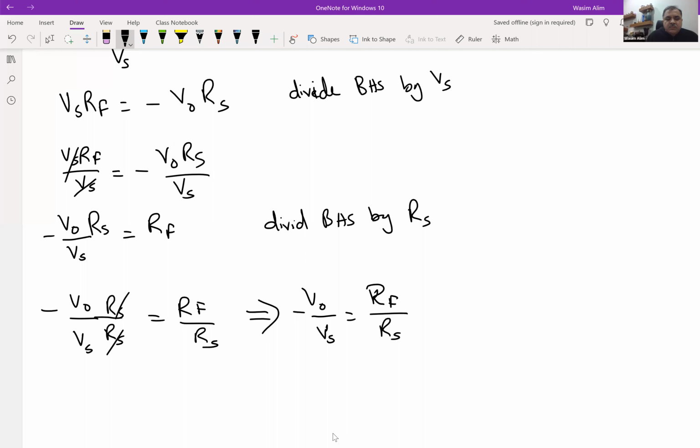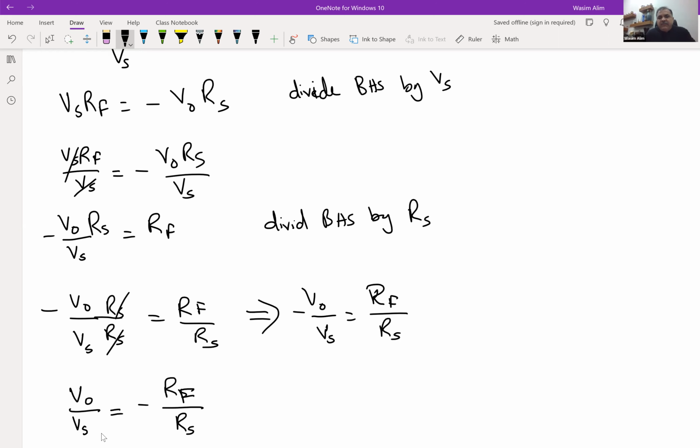In other words, we can bring it to the desired form. If we multiply both hand sides by -1, we get V out over Vs equals minus Rf over Rs. So that is your gain essentially.